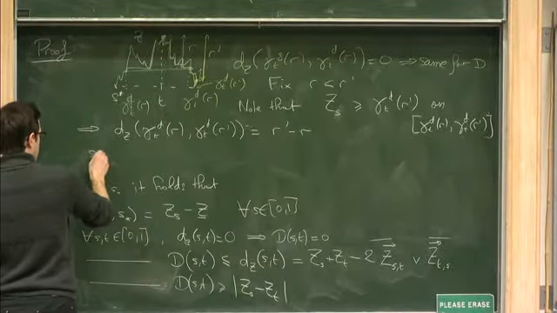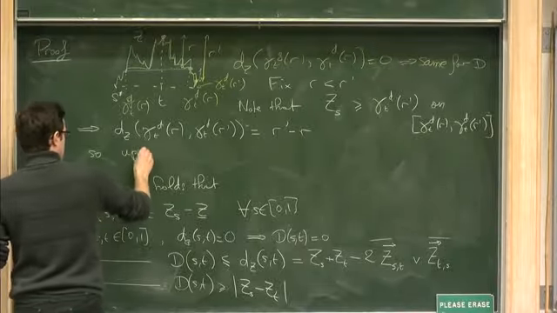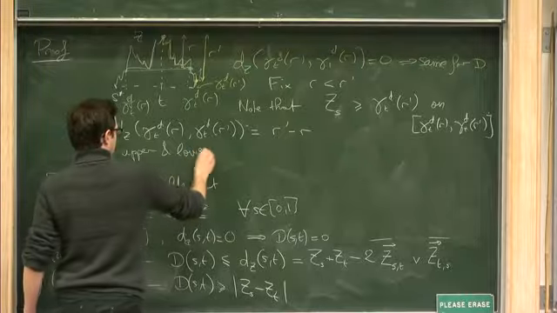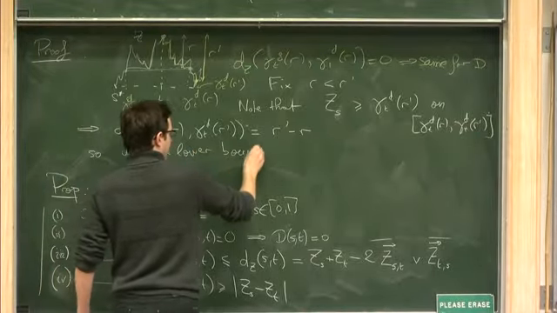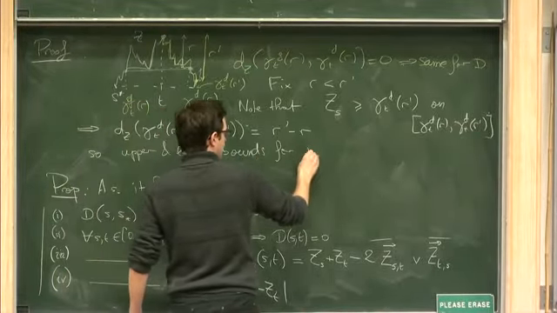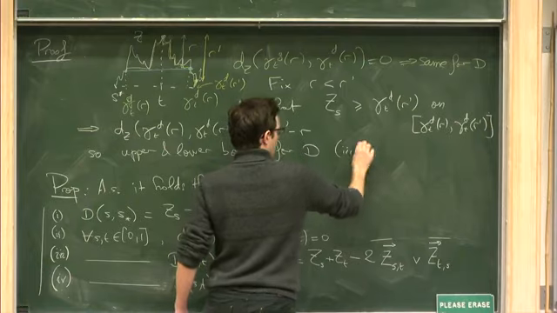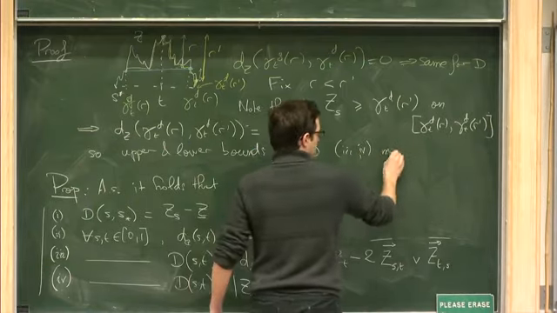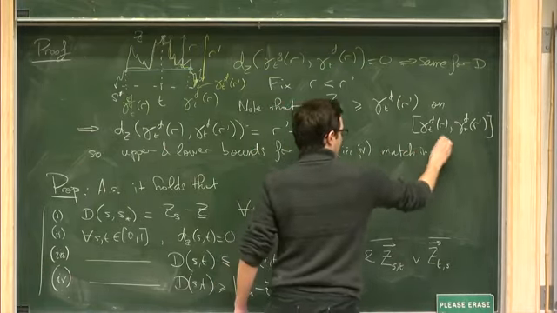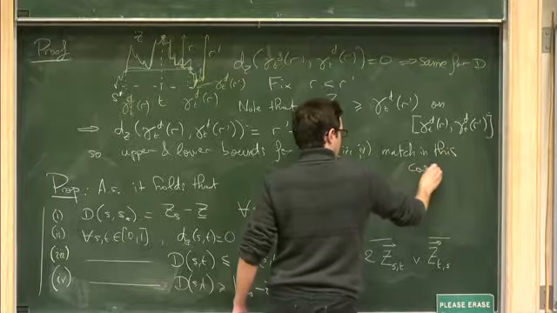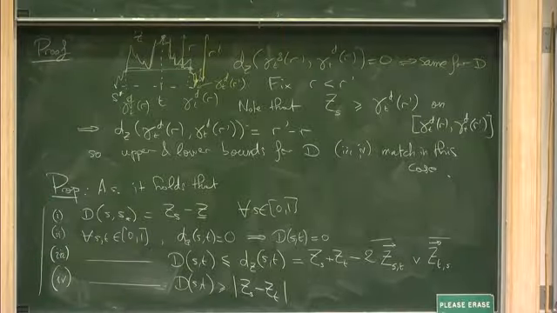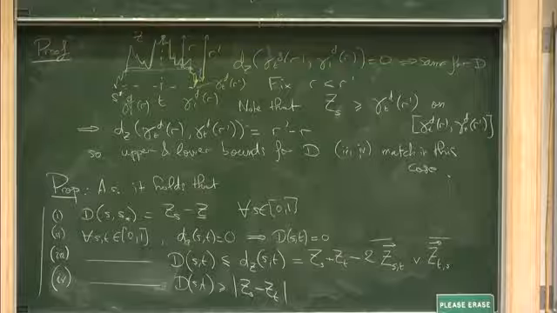So in this case, the upper and lower bounds for D, given by 3 and 4 in the previous statement, match.